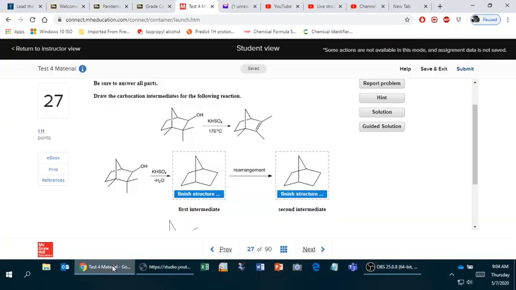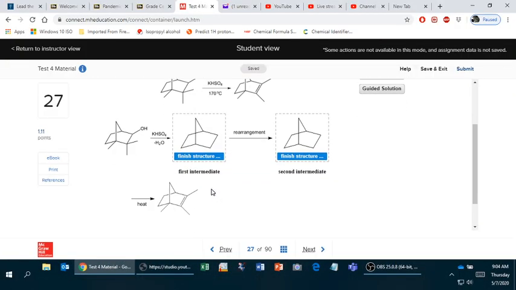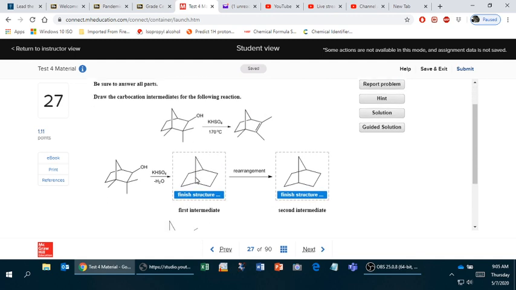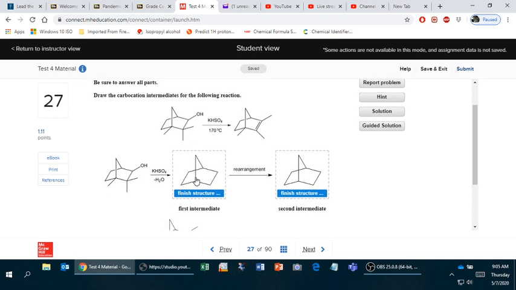All right, so question 27, this is what it looks like on my end. The question is asking you, you start with this compound, and you're going to finish up with your rearranged alkene. So the question is, what's the first intermediate?